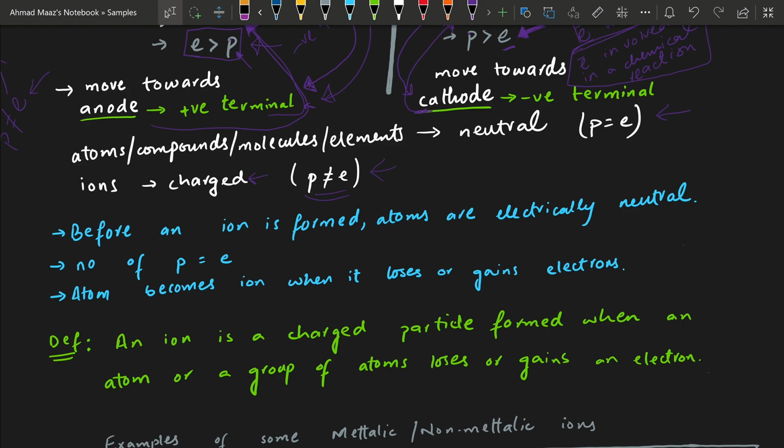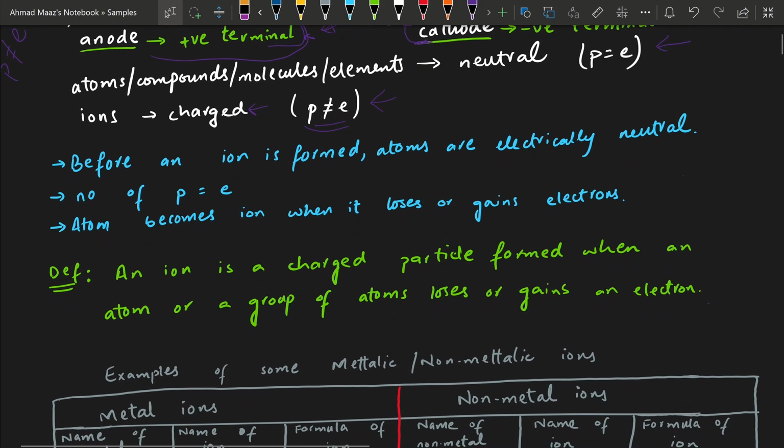Alright, before an ion is formed, atoms are electrically neutral. Makes sense because the number of protons is equal to the number of electrons. So that is why the positive charges equal the negative charges in an atom. Neutrons are neutral; they do not affect the charge.